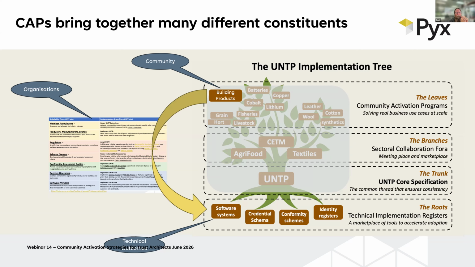And I want to ground this at this point. I've got building products up there, but probably the most famous example of what we envisage with community activation programs is the champagne industry in France. Now, this community is not yet UNTP compliant. I don't know if anybody's actually talking to them, but it's a useful example.